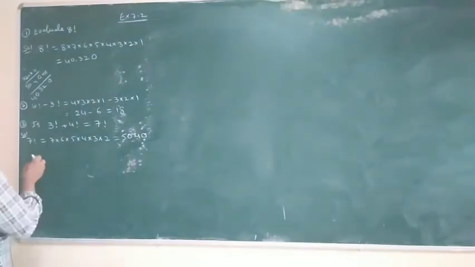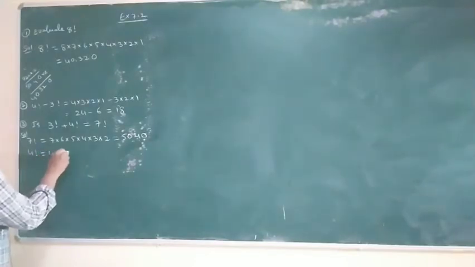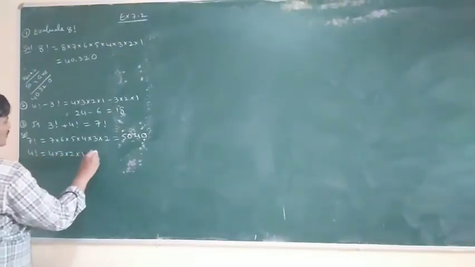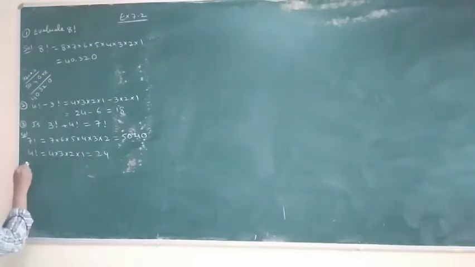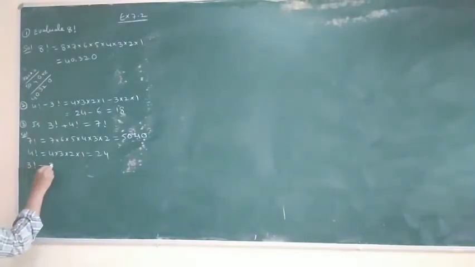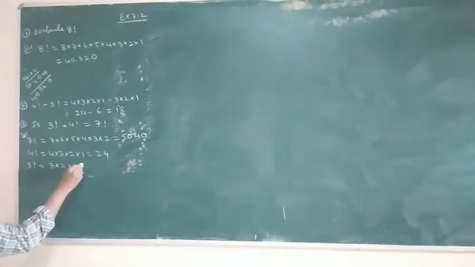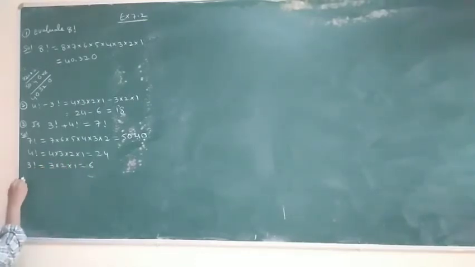Next, 4 factorial is equal to 4 into 3 into 2 into 1, that is equal to 24. 3 factorial is equal to 3 into 2 into 1, which is equal to 6.